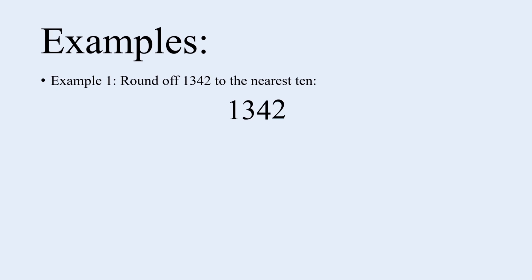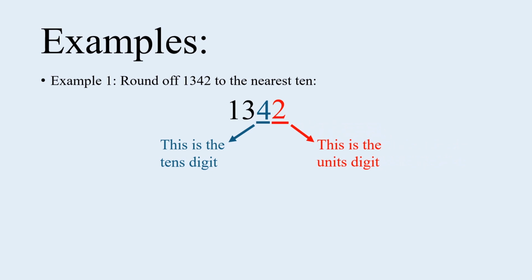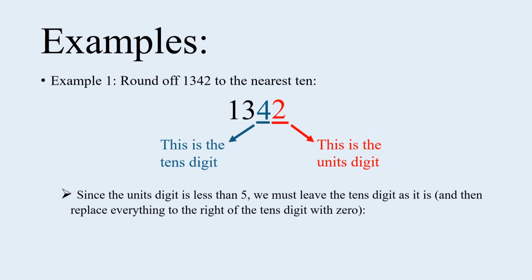If you look carefully, you will notice that the tens digit is 4 as shown, which means that the very next digit just to the right of 4 is 2, which is the units digit as shown. Since the units digit, which is 2, is less than 5, this means we must leave the tens digit as it is, and then simply replace everything to the right of the tens digit. Therefore, 1,342 rounds off to 1,340.